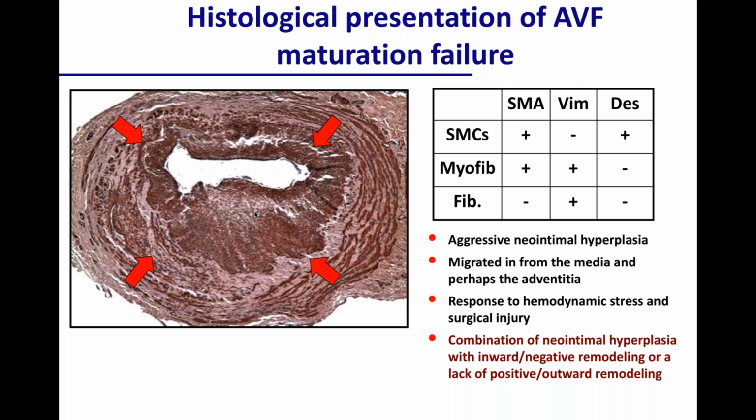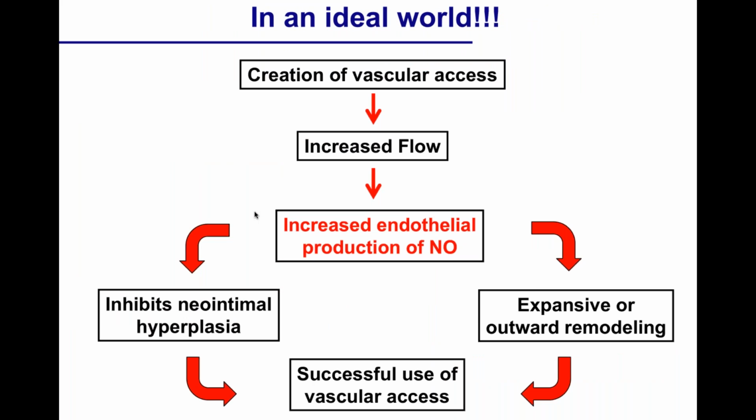So again, I think this is an important concept that seems to be becoming more and more important, since we're now having studies that demonstrate that even if you have a lot of neointimal hyperplasia, you don't necessarily have to have a failed fistula. So I think the outward or positive remodeling is extremely important.